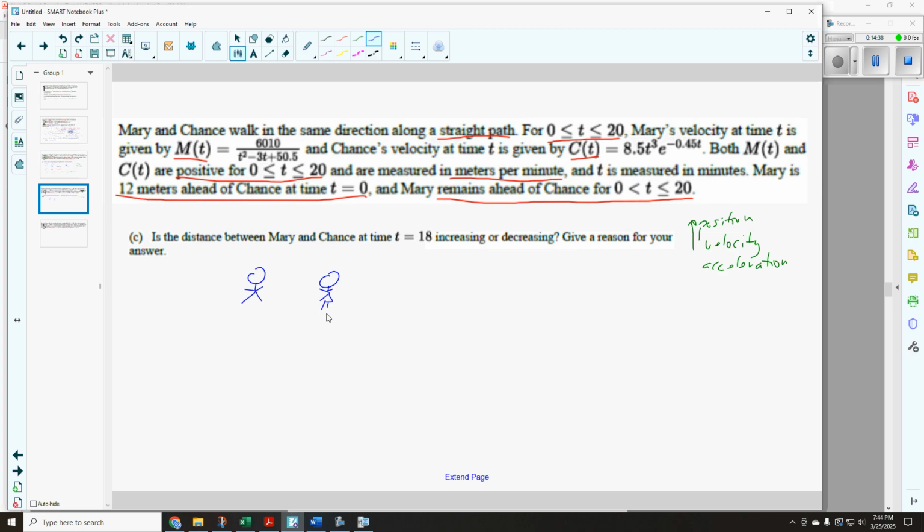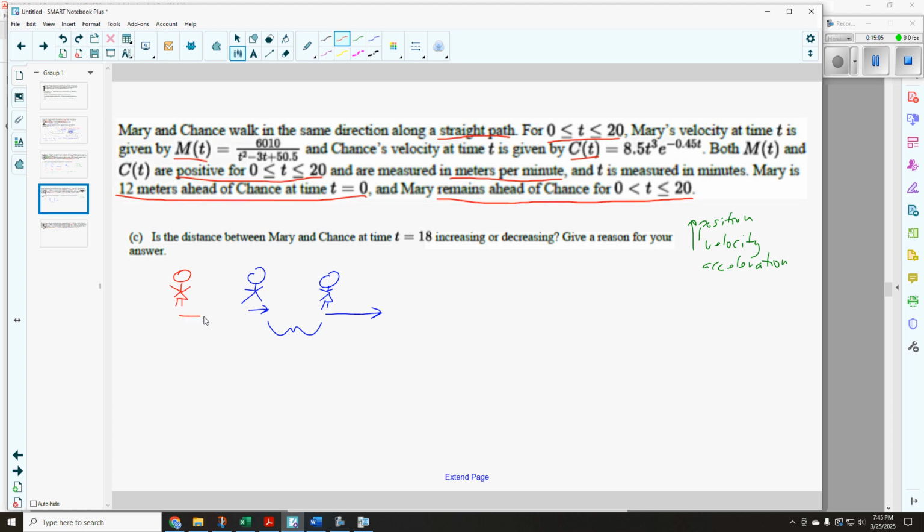And so if Mary is going faster than Chance, if her velocity is greater than Chance's, then you can see very clearly that the distance between them will be increasing. Except then I thought, but what if Mary is behind Chance?